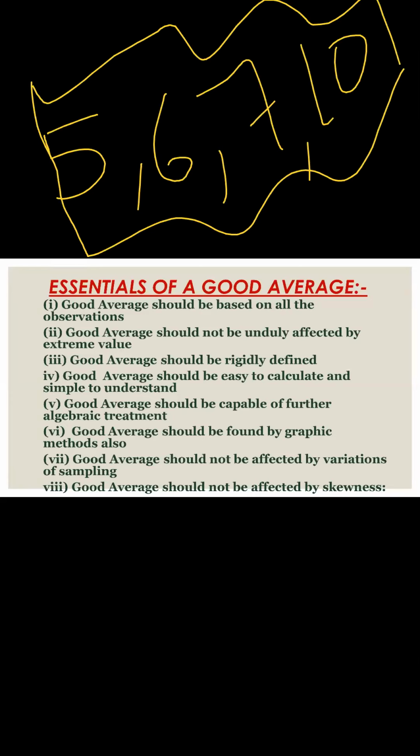If we leave out one part, it is not a good essential of an average. It will not provide a good result. So a good average should be based on all the observations. We have to take all the observations and then find the average.